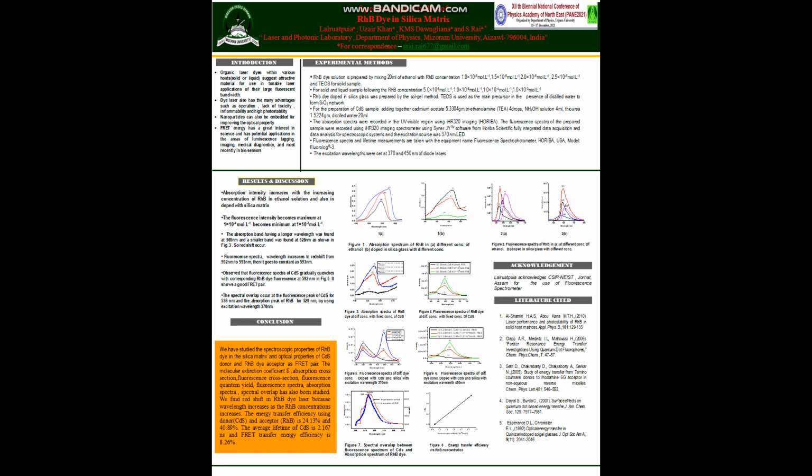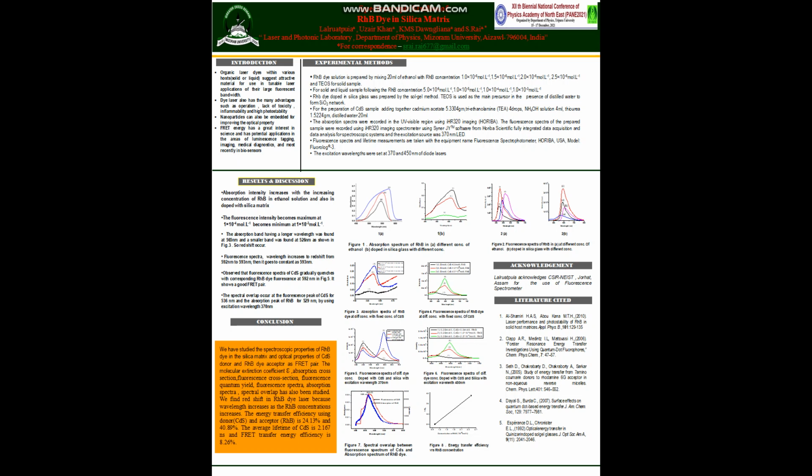It is observed that fluorescence spectra of CdS gradually quenches with corresponding rhodamine dye fluorescence at 592 nanometer. That is when CdS is excited, its excitation energy is transferred to rhodamine dye acceptor through dipole-dipole interaction. They can transfer energy because of fluorescent quenching of donor molecule with increasing fluorescent intensity of acceptor. This spectrum shows a good FRET pair between them.